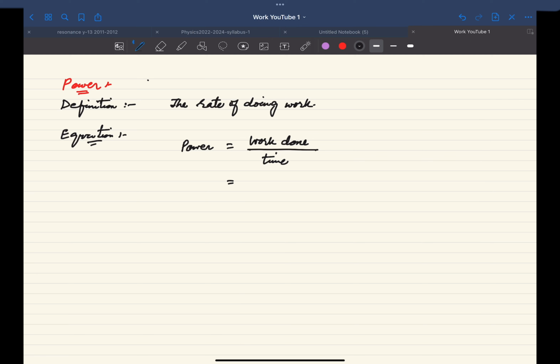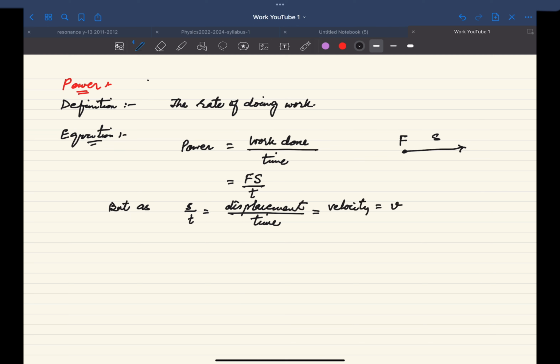You know that if you have a displacement S, suppose, and the force is F, then work done is nothing but F into S. And if this work is done in time T, then this will be Fs divided by T. But S over T is nothing but displacement over time, which is the velocity of the body, and we have been using V for velocity.